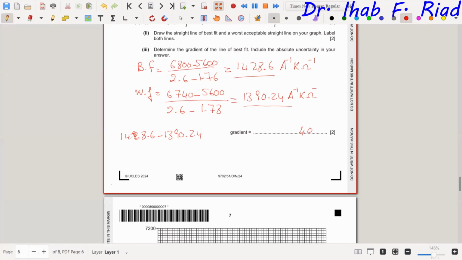40. Now we are going to write the gradient. It is 1428, and we keep it to the same number of decimal places as the absolute uncertainty, right?